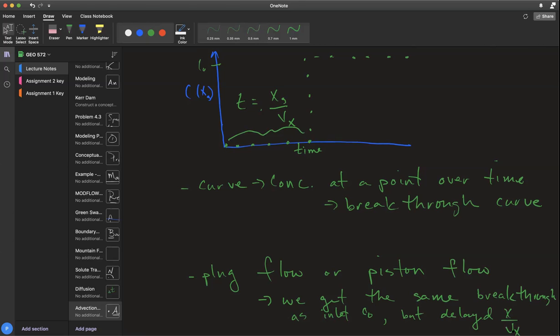All right, so exact same concentration history that we saw at the inlet, it's just delayed. Plug flow or piston flow.